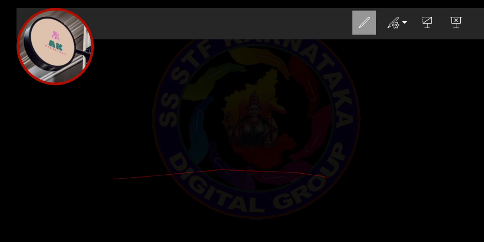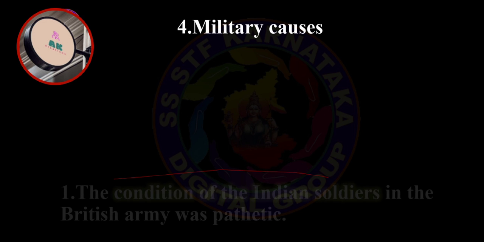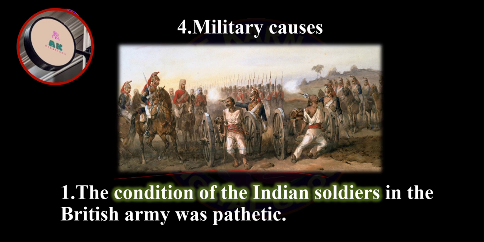Now we'll move on to the next, that is the military cause. So the condition of the Indian soldiers in the British army was pathetic. In the military cause you have to understand one thing: they have to work day and night, and they won't get salary on time.